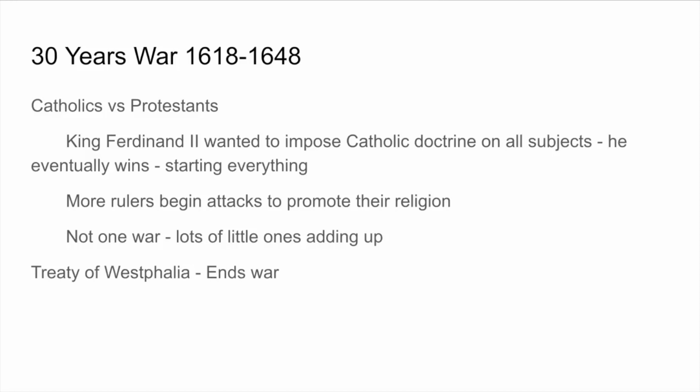King Ferdinand II wanted to impose his Catholic doctrine on all of his subjects. And that's where it starts off in 1618. He eventually wins his war and kind of settles down different disputes, uprisings, rebellions, stuff like that.